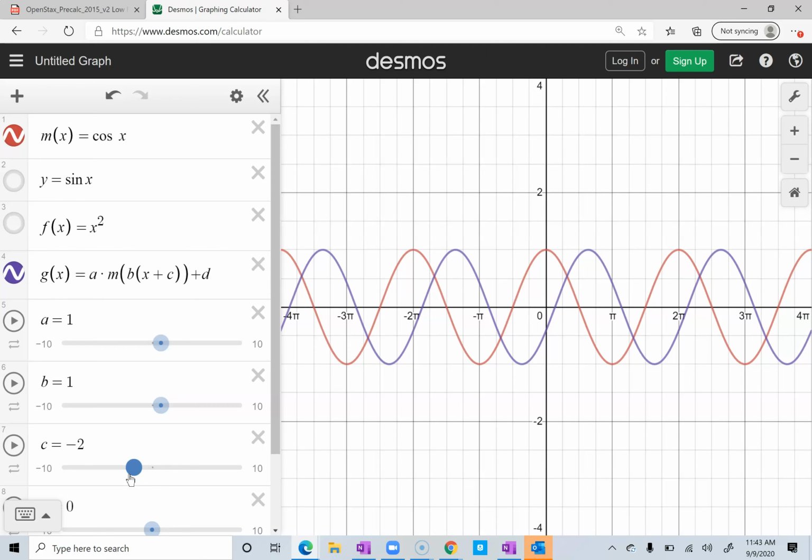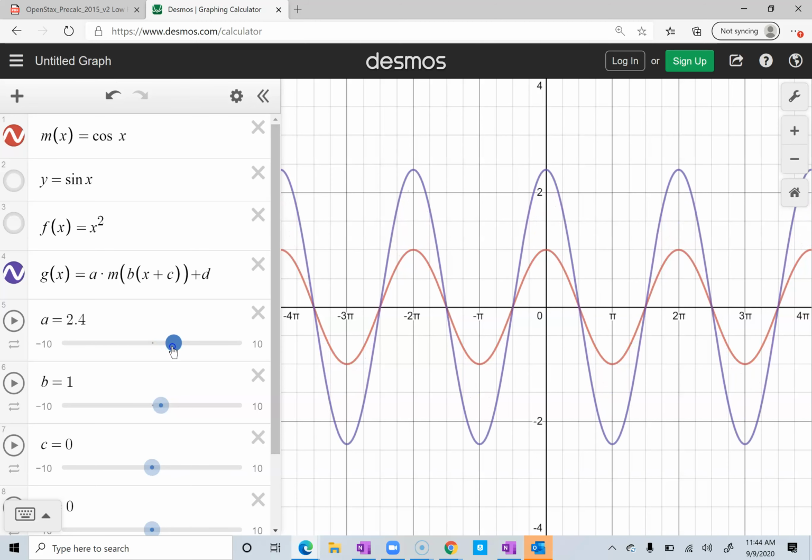Okay? So to show what Kirsten was asking here, I'm going to make A greater than 1. First of all, is it a horizontal or vertical change? Horizontal. Is A inside or outside? Outside. Thus, it is a Y change. B and C are the X changes. I meant vertical. I just said horizontal. It's all right. A is a vertical change. When we make it bigger, it's going to stretch the curves.